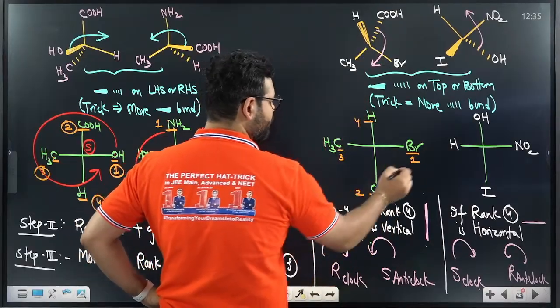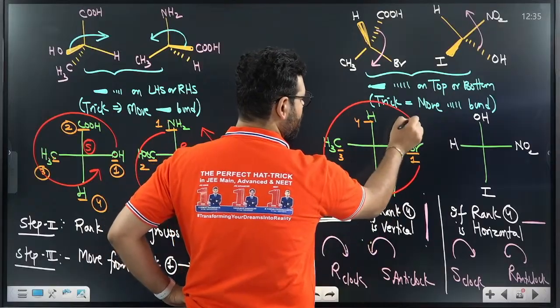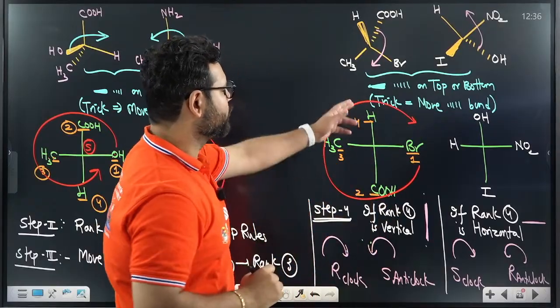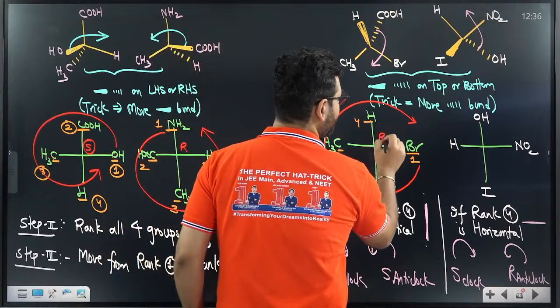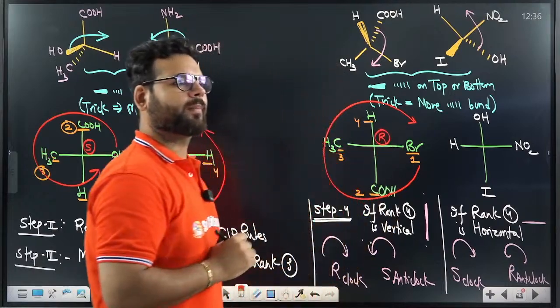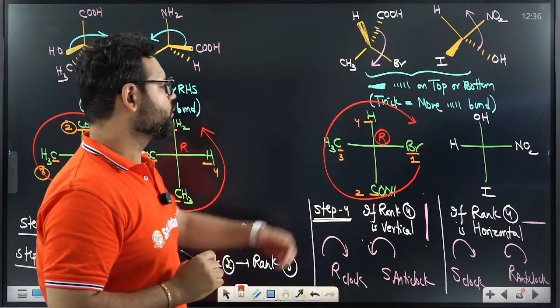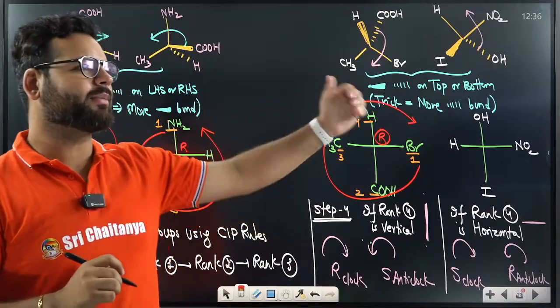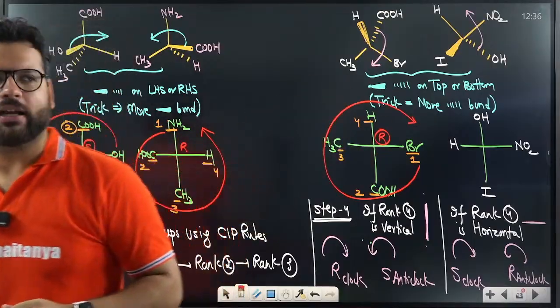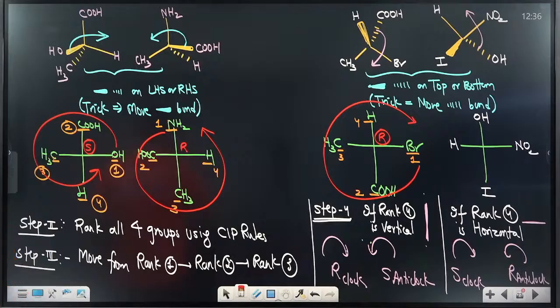Clockwise we are moving. Where is fourth? Fourth is vertical. Clockwise means R. So this is R. Now I want you to tell me the last one. Those who are listening to the class, tell me whether it is R or S, the last one.